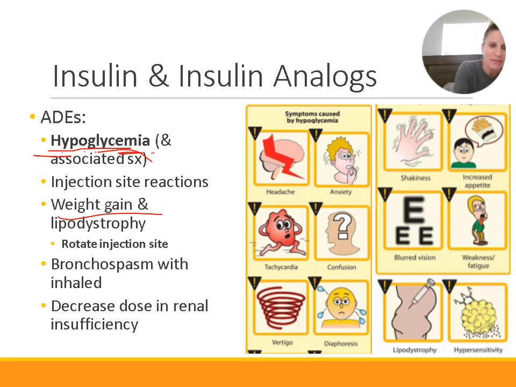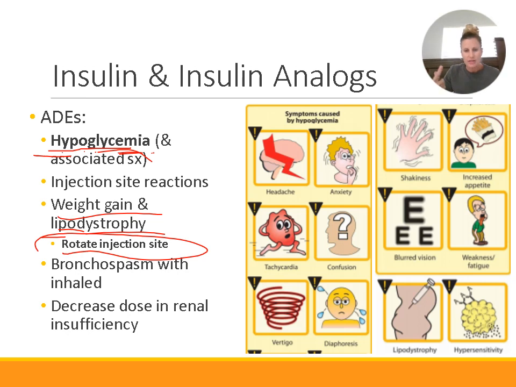Also, lipodystrophy. Lipodystrophy is abnormal fat deposition. So there are areas where there's less fat and then the fat accumulates in other areas. So the fat isn't laying nice and smooth like it should. That's one of the reasons why it's so important to rotate the injection site.